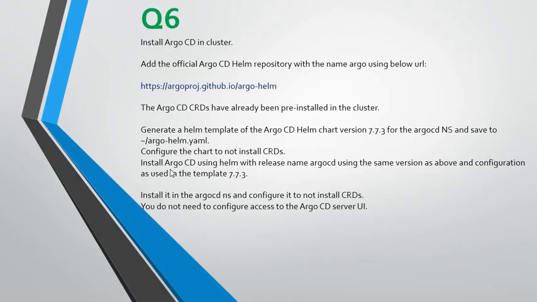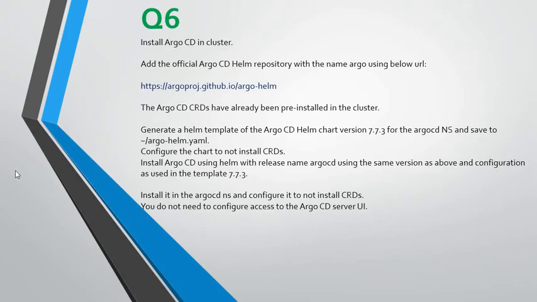The third part is to install Argo CD using Helm with the release name argocd, choosing the same version as above and the configuration as used in the template, 7.7.3. Install it in the argocd namespace and configure it to not install CRDs. You do not need to configure access to the Argo CD server UI. So this question has three parts.